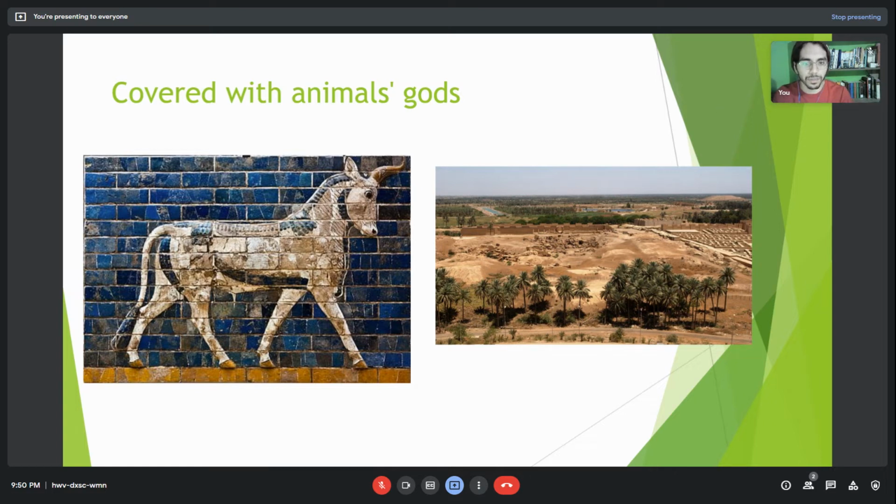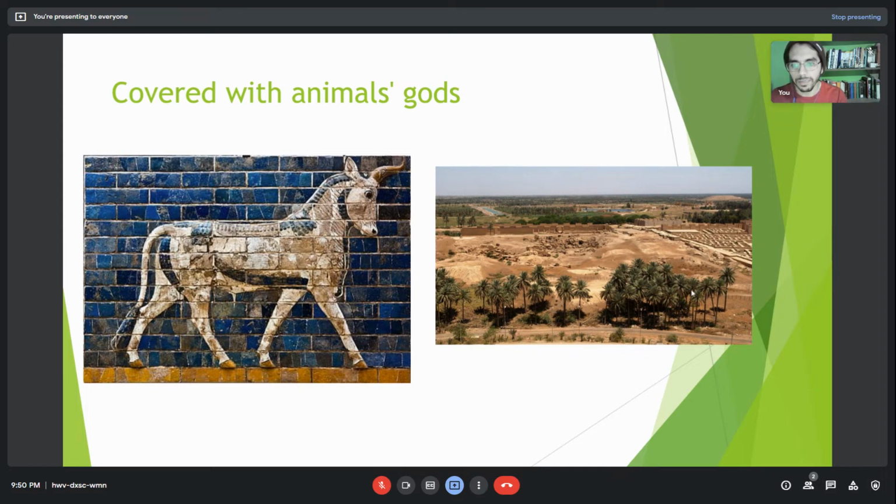And as you can imagine, the weather was quite important for the ancient Babylonians. They were in the desert, so the god of weather was very important, not just to bring rains at the right time, but also because cultivation through irrigation was practically all around the city. So it was a very central problem, central to survival for the Babylonians.